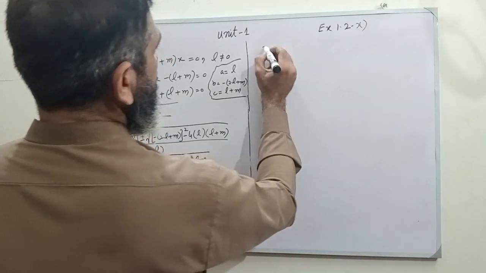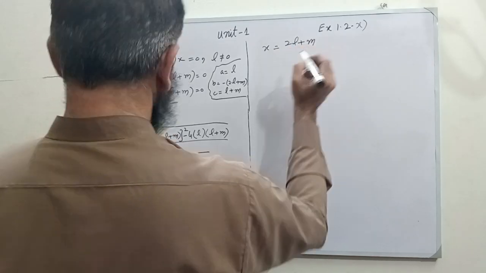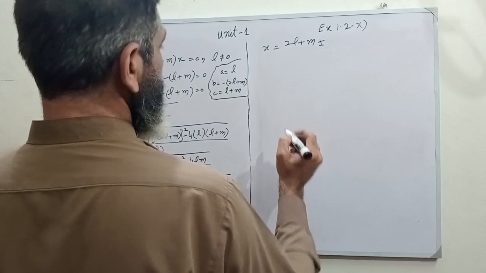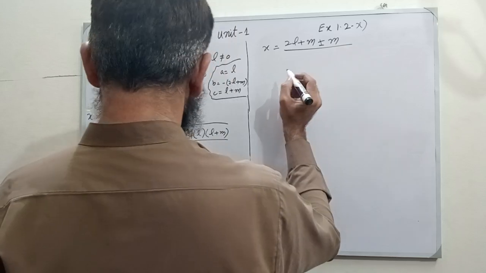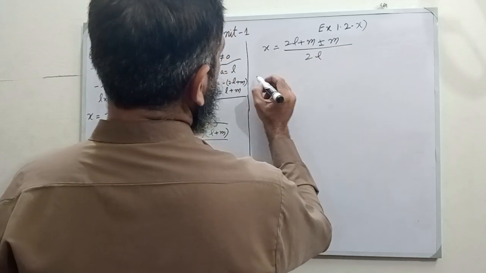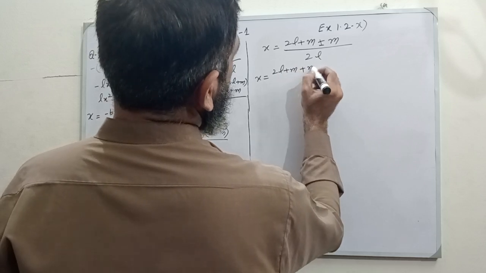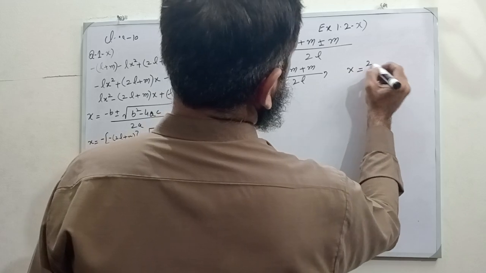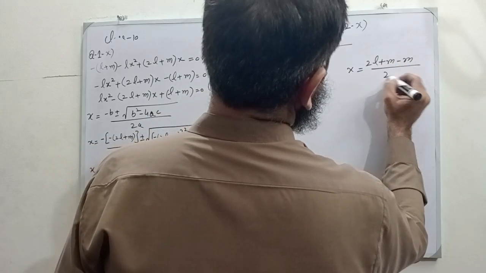So here X is equal to 2L plus M plus minus M square, this square root will be cancelled, and it becomes only M divided by 2L. So X is equal to 2L plus M over 2L, and X is equal to 2L plus M minus M over 2L.